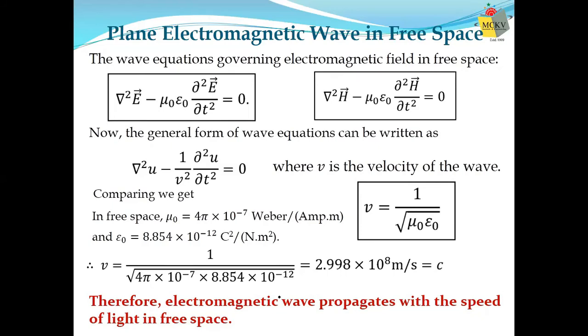And we know if there exists a time varying electric field, then the time varying electric field can create a magnetic field.